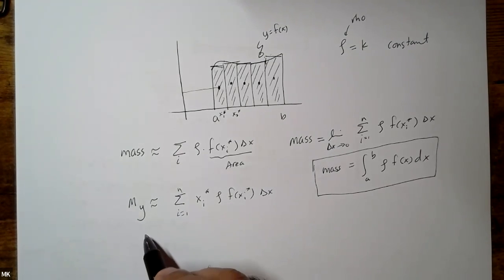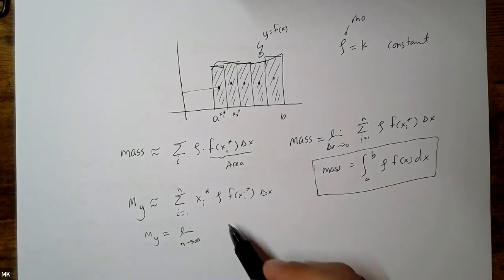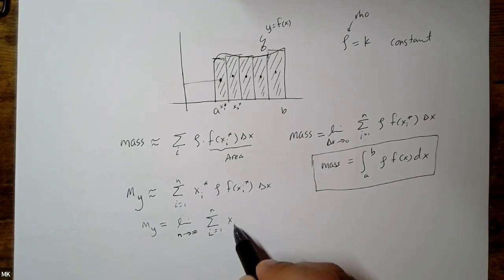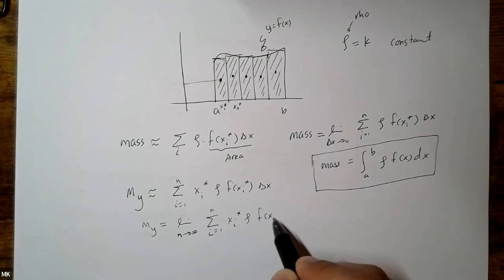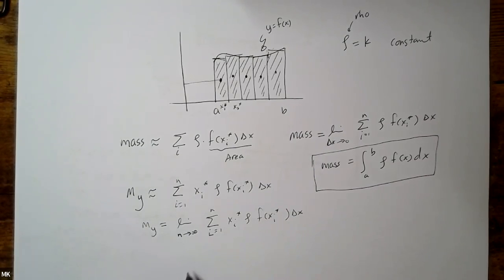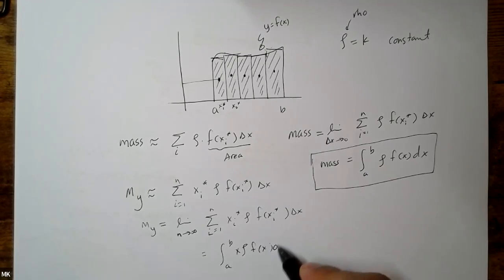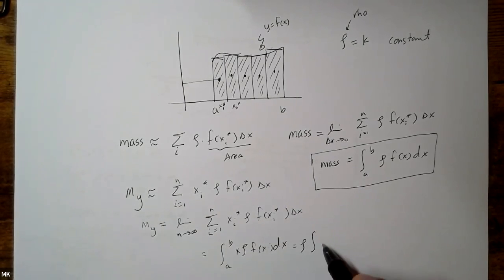Again, taking the limit as n goes to infinity, or delta x goes to 0, of this. And remember that the integral language for that would be the integral from a to b of rho x f of x dx, knowing rho is a constant.